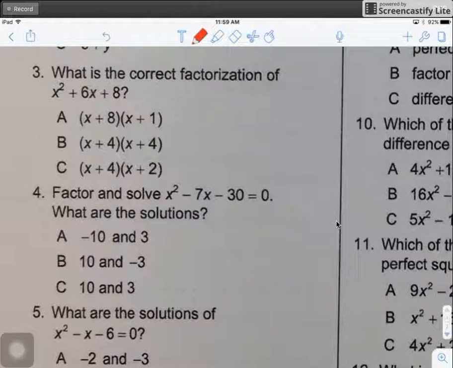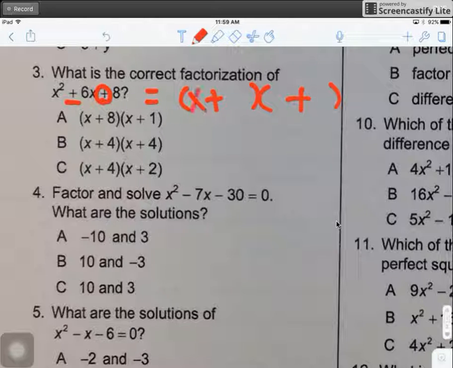Number 3, what is the correct factorization of this expression here? Trying to factor this simple standard form quadratic expression, we don't have any numbers in front of the x squared, so we can just look at the last sign. Since that is positive, it tells us that the signs will be the same. And looking at the second sign, it tells us that both of them are positive.